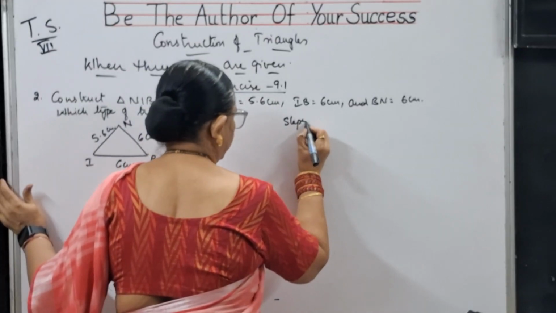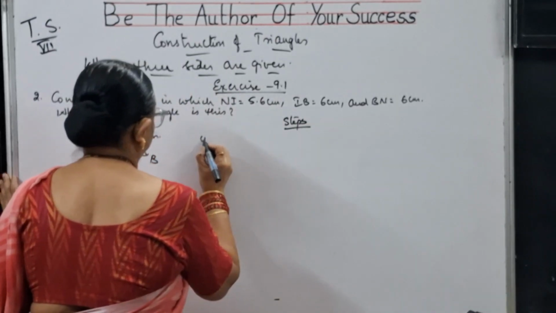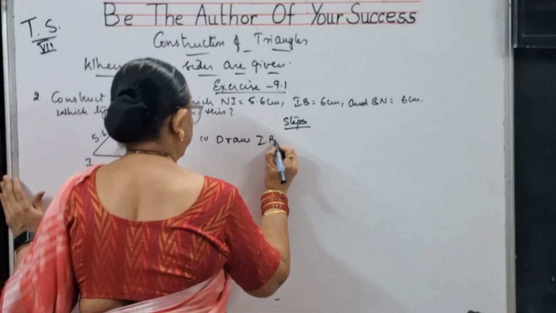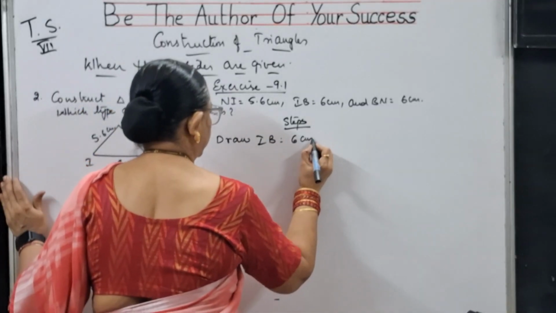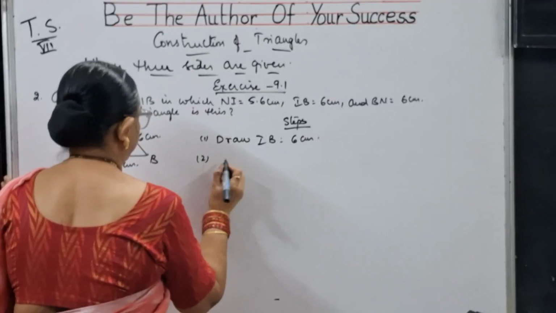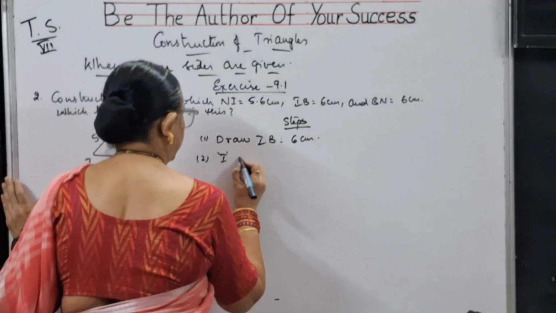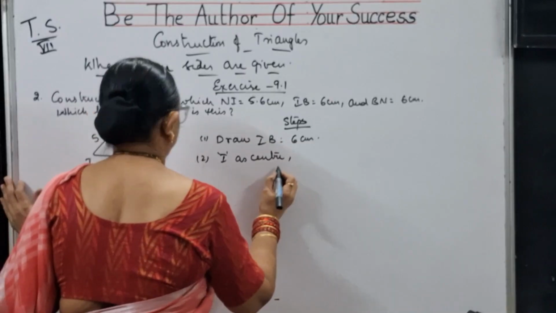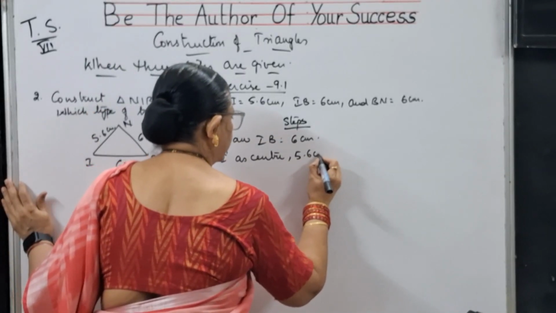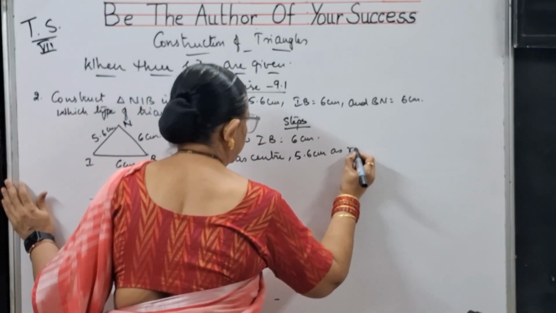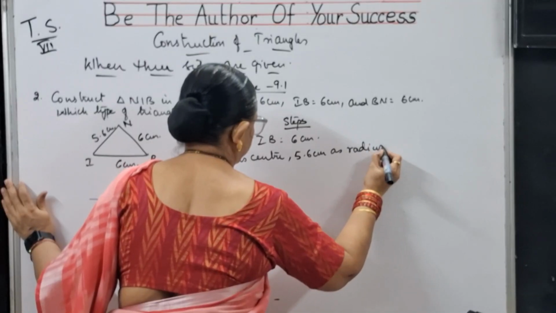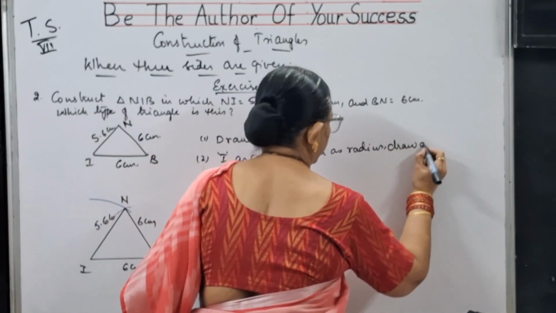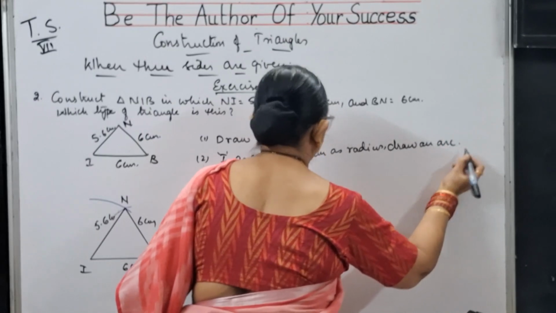So, what are the steps of construction? The first point, draw IB is equal to 6 centimeters. And what is the second one? I as center, 5.6 centimeters as radius. Draw an arc.